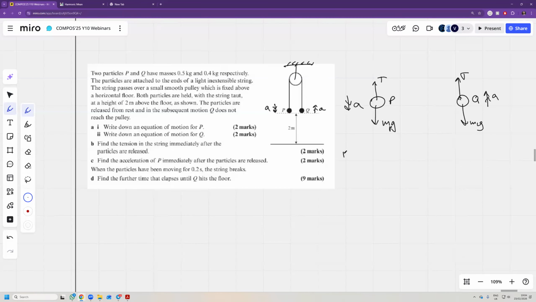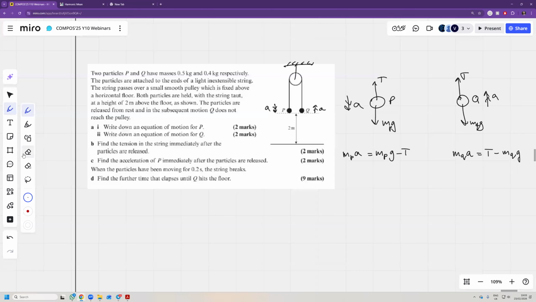So M_P A equals M_P g minus T. And M_Q A equals T minus M_Q g. P is heavier, so P goes down but Q goes up, but Q doesn't reach the pulley. That's what they're trying to say.